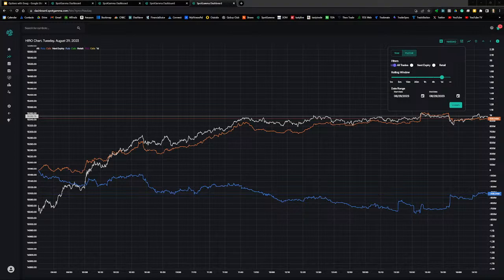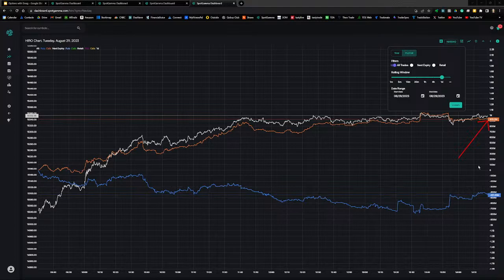Traders are buying calls, shown by the rising orange line, positive notional value. They're also buying puts, shown by the falling blue line and the negative notional value there. So call buyers really more aggressive today.